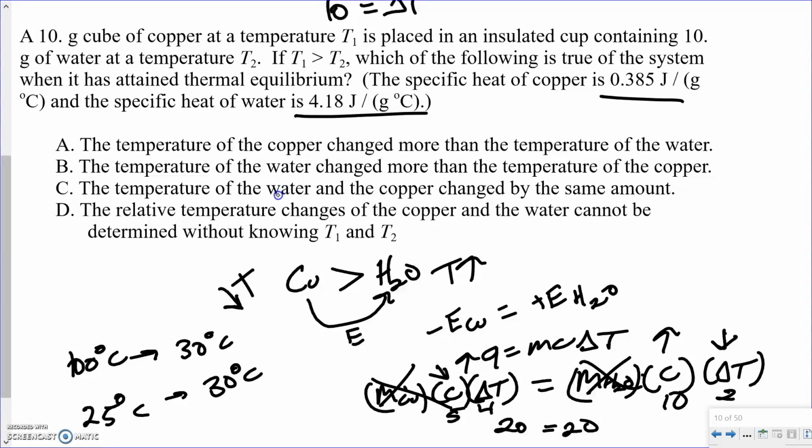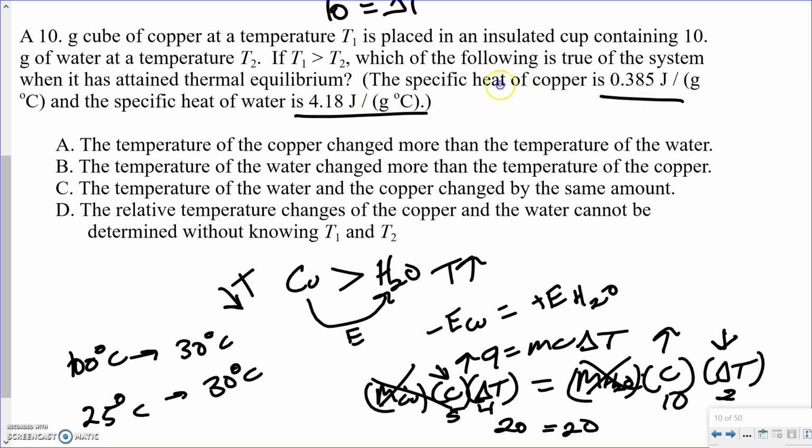Okay, this is why you can hold a piece of metal in your hand and it's going to heat up to the temperature of your hand very quickly, versus if you hold the same amount of water in your hand, it's going to take a little bit longer to heat up. Okay, so the specific heat capacity makes a big difference. The lower the specific heat capacity, the easier it is to heat up. The larger the specific heat capacity, the harder it is to heat up.